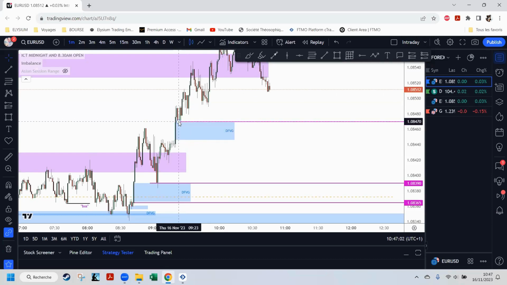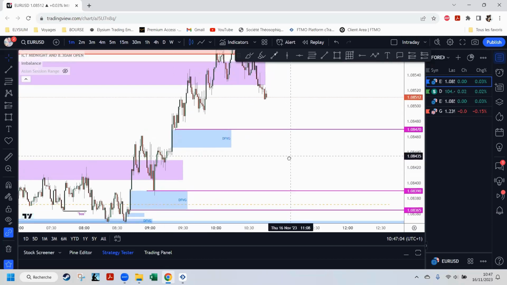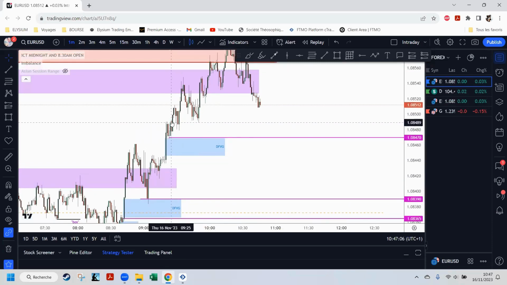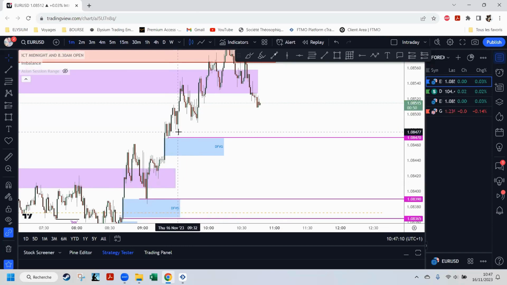So you snipe from there, okay? You wait for reaction, okay? We have a fair value gap. You wait for a kind of intermediate term low. Another fair value gap is formed, boom, break even. Okay, so once this close is done, you are at break even.